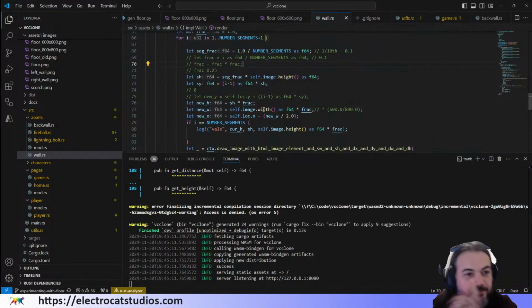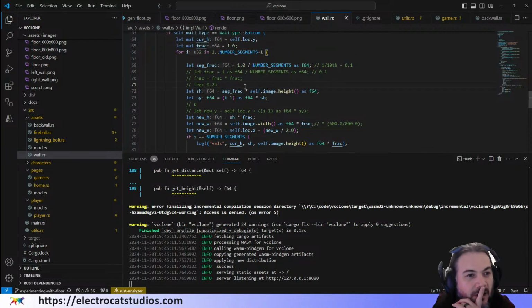So the first one would be the first segment. The segment fraction would be 1/100th. So that would be 0.1 would be the first segment.